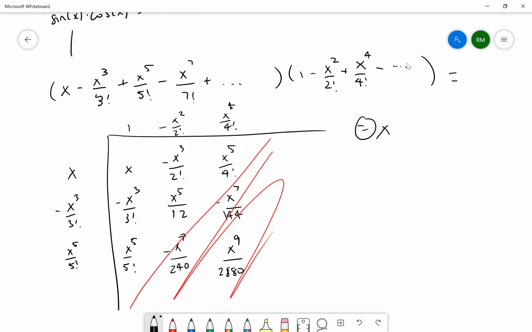The next terms I need to combine are these 2 terms right here. Those are all the x cubed terms. So clearly, this is minus x cubed. And let's see, it's x cubed, that's a half plus a sixth. So that's 2/3, I think.